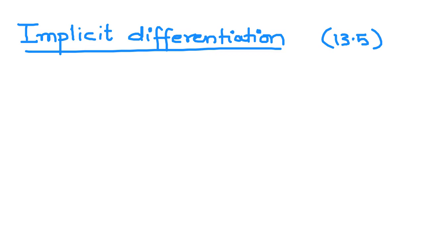There is a theorem which we use for finding the implicit differentiation. So what is the theorem?